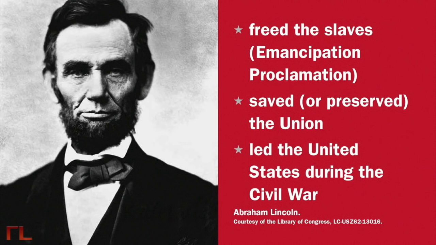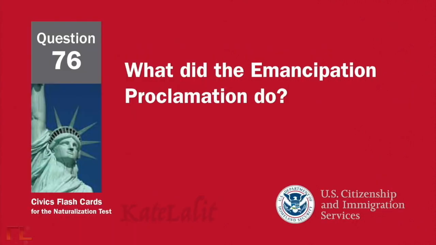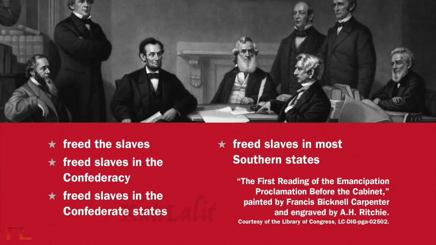Saved or preserved the Union. Led the United States during the Civil War. What did the Emancipation Proclamation do? Freed the slaves. Freed slaves in the Confederacy. Freed slaves in the Confederate States. Freed slaves in most southern states.